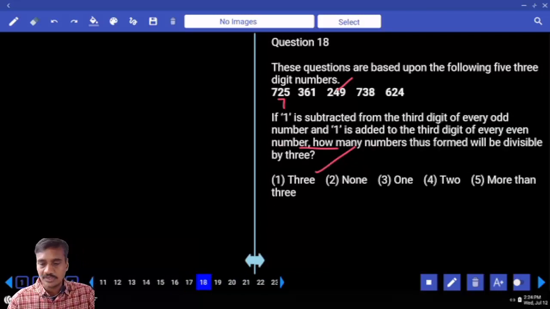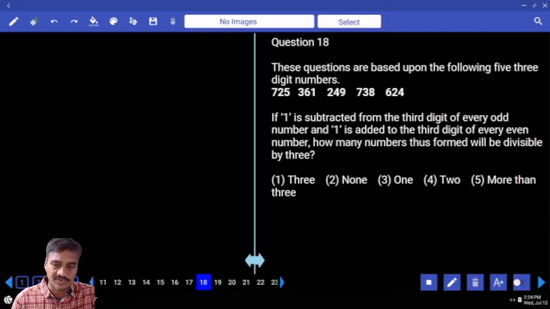Then the 18th one. 1 is subtracted from the third digit of every odd number and 1 is added to the third digit of every even number. How many numbers will be divisible by 3? Divisibility rule for 3: the sum of the digits must be divisible by 3. Whether 1 is subtracted from the first digit, second digit or third digit, it doesn't matter at all. Why? Because we are taking the sum of all 3 digits, isn't it? 725: 7 plus 2, 9 plus 5, 14 minus 1, 13 is not divisible by 3.